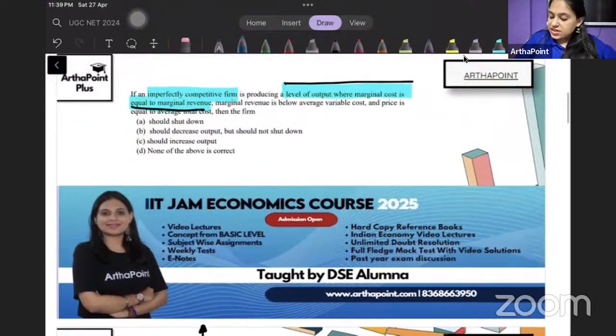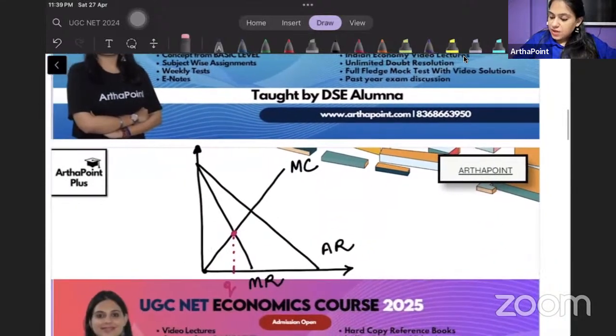Now it goes ahead and says MR is below average variable cost, and price is equal to average total cost. Okay. So now what did we do? When we equated MC to MR, we found the output. We found out the level of output. And we will take this level of output to the AR curve.